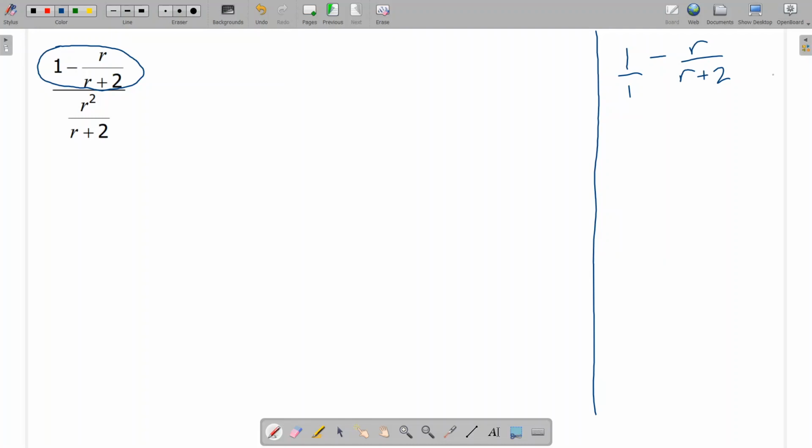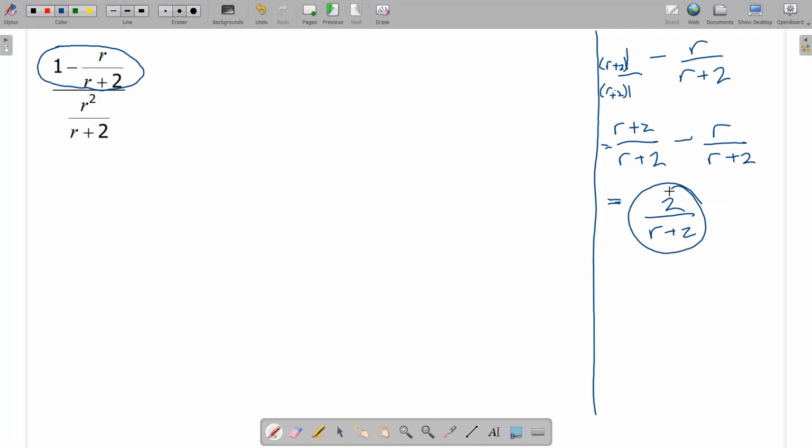So I really just need to multiply this by r plus 2. I'm trying to squeeze it in here, which means I really have r plus 2 over r plus 2, which makes sense because anything divided by itself is 1, which was there to begin with, minus r over r plus 2. So if we actually subtract these, this simplifies to 2 over r plus 2.